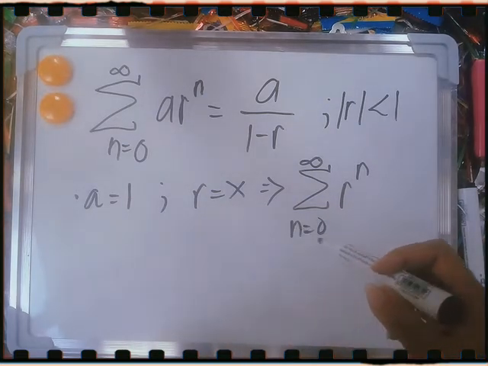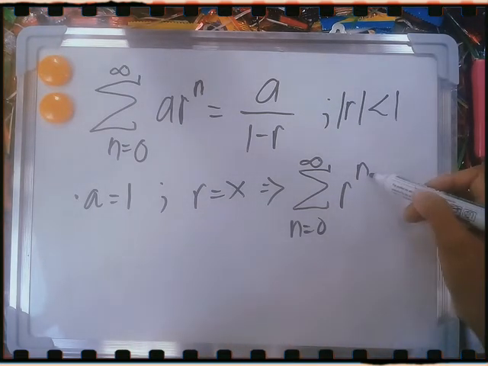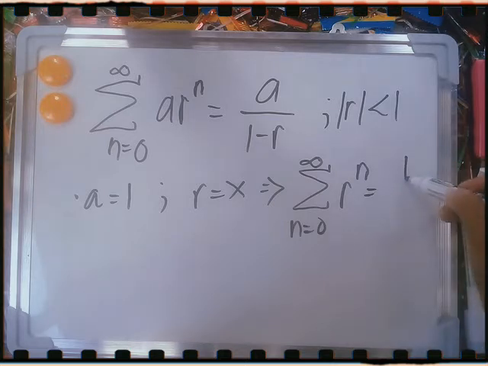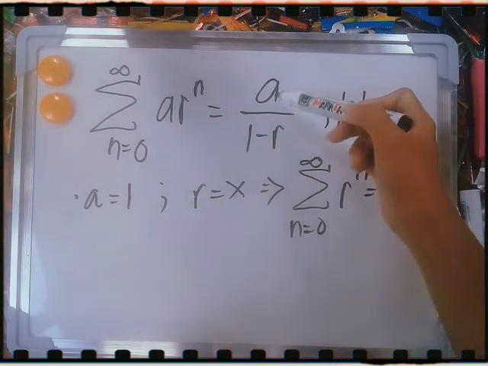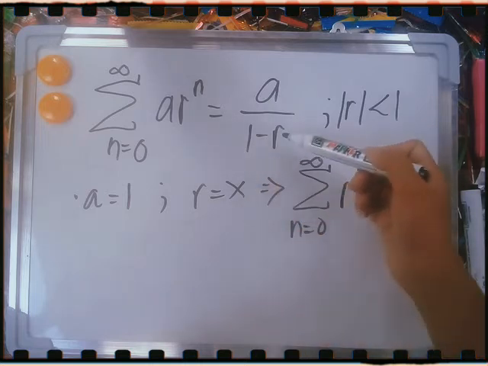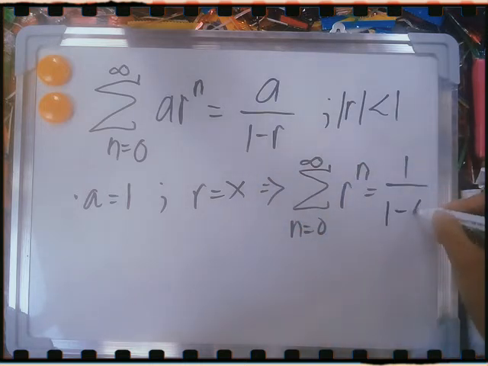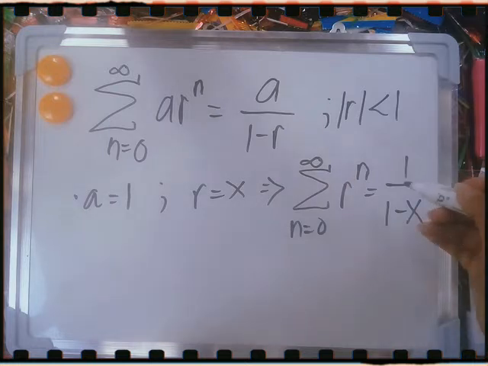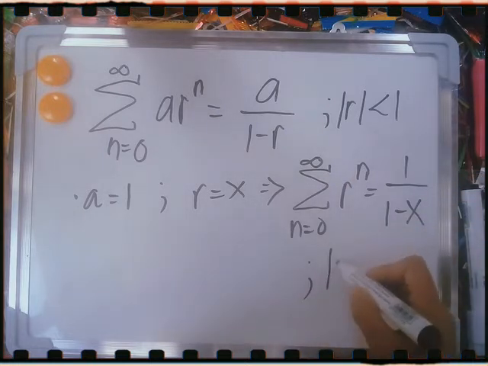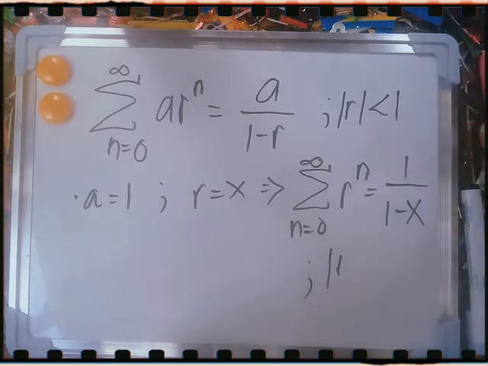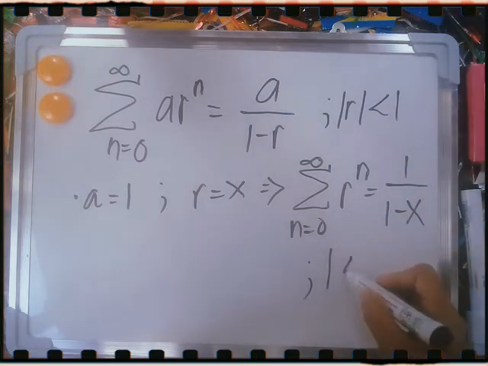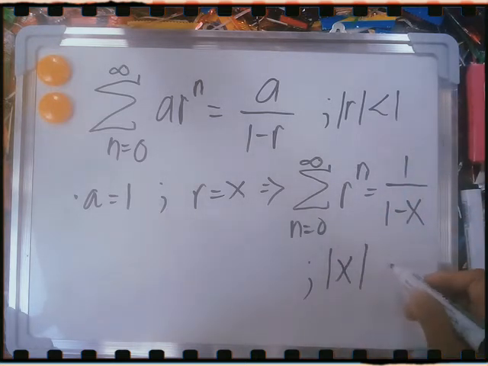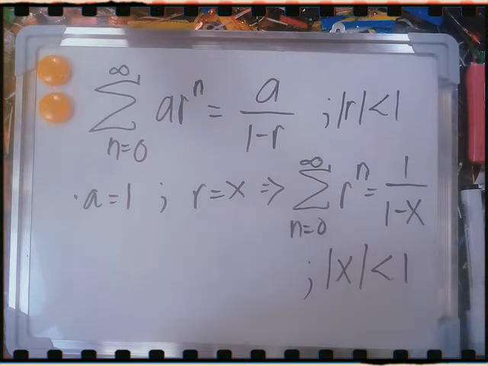Only matitira na lang is r, which is equal to 1 over, since a is 1, and then the r is equal to x, so 1 minus x. Where dito naman, the absolute value of x is less than 1 para mag-converge din.